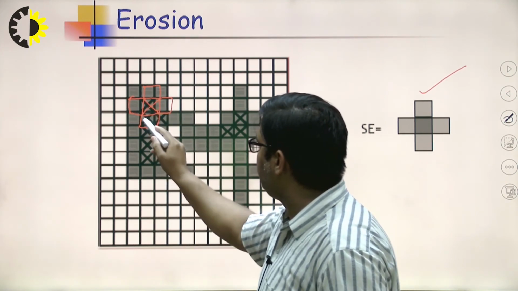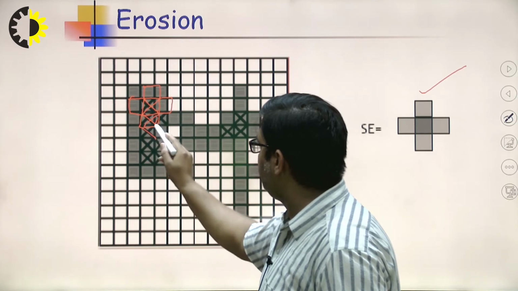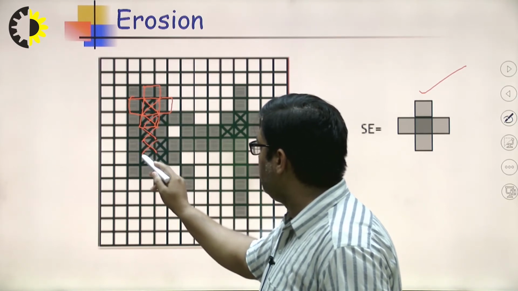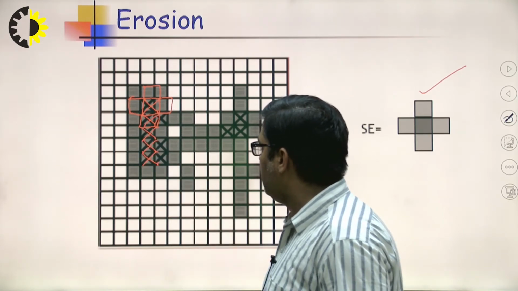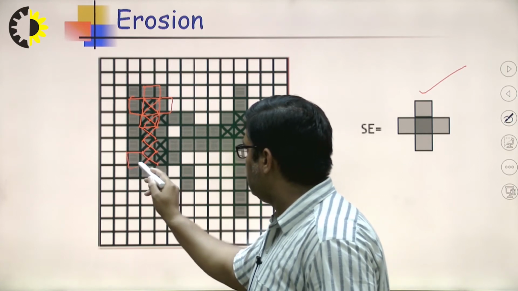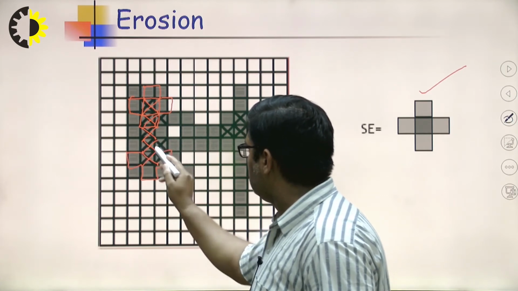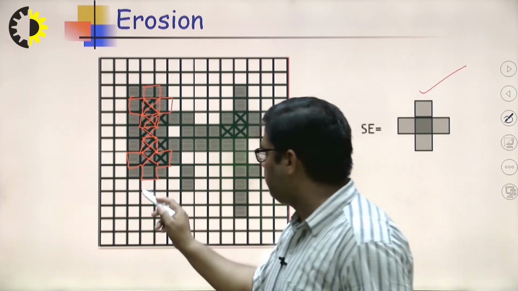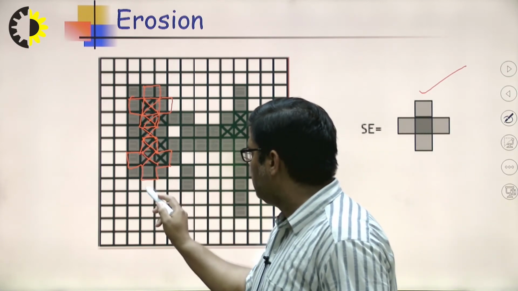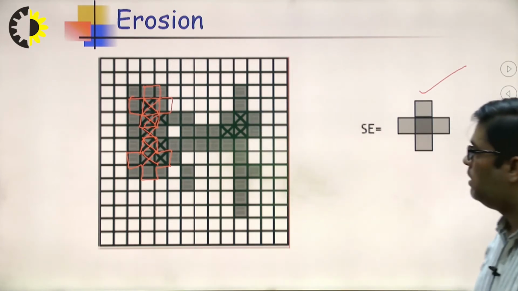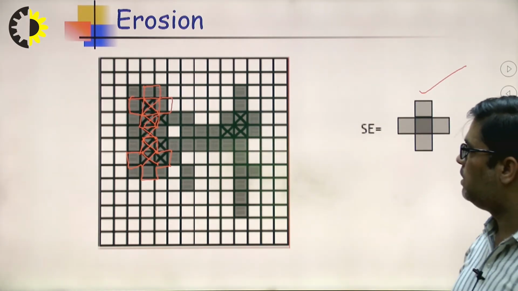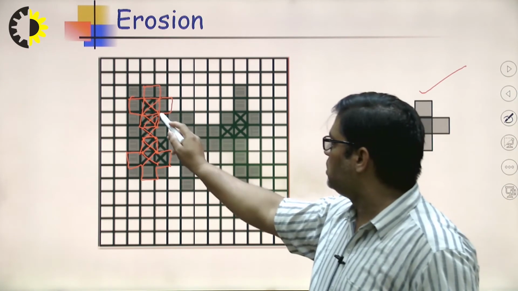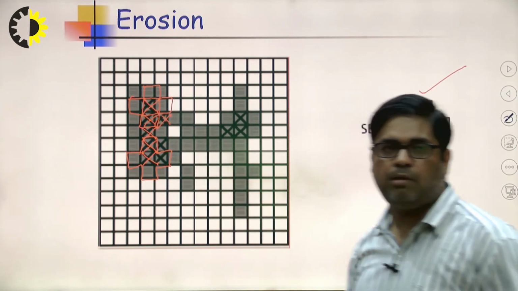When I shift it down, this pixel will be highlighted, and this one again. At last, when I am here, the central pixel will be highlighted. But if I shift it further, it will not completely match, so the other pixel cannot be highlighted. Similarly, this portion will be highlighted here because it is a complete match.